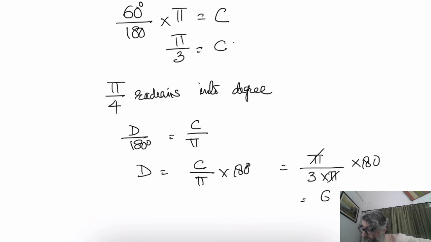It will become 60 degrees. I had to write pi by 4, not pi by 3. It is 4 here. So it will become 45 degrees. Pi by 4 radian is equal to 45 degrees.